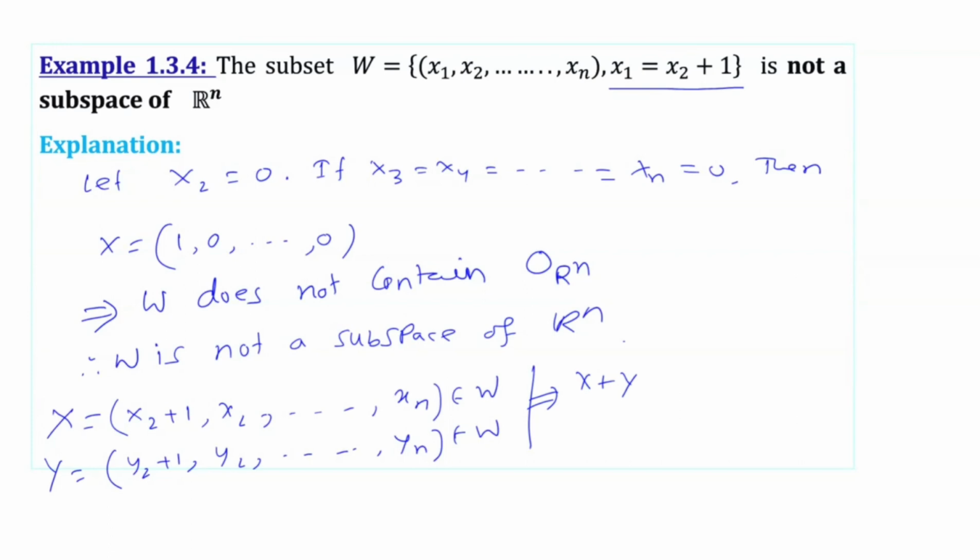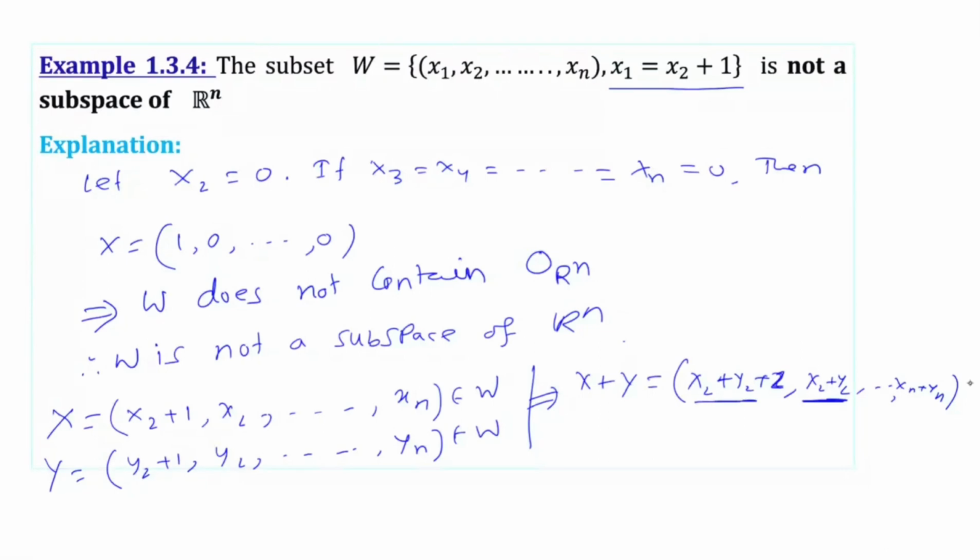Now if we add them, x plus y, we get (x2 plus y2 plus 1, x2 plus y2, and so on up to xn plus yn).